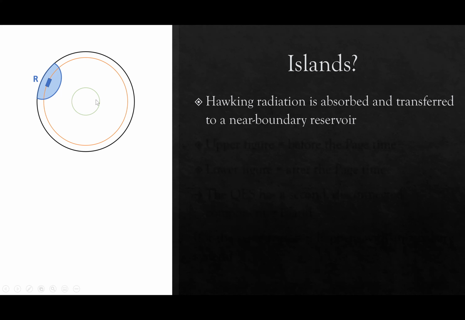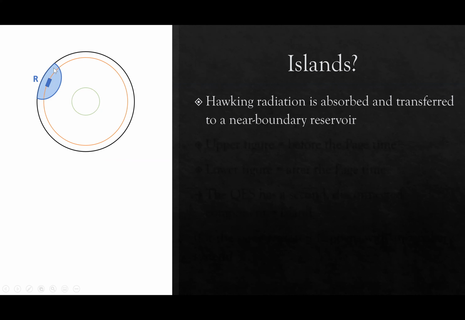This green circle here represents the black hole. This orange circle is the Dyson sphere. And this is the reservoir in which we're going to collect all of our Hawking radiation. So the black hole evaporates, it's spewing out some Hawking modes, they get detected here, and then they get sent to this reservoir here. So this is the main mechanism.